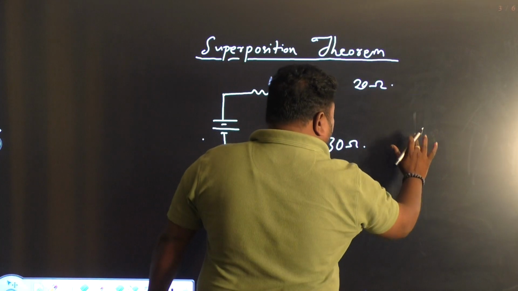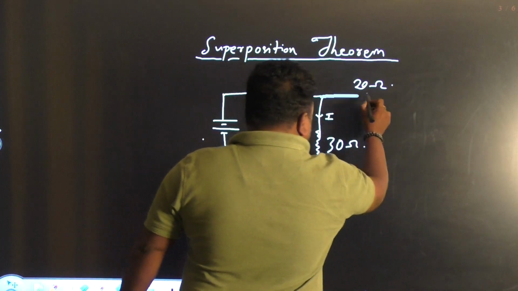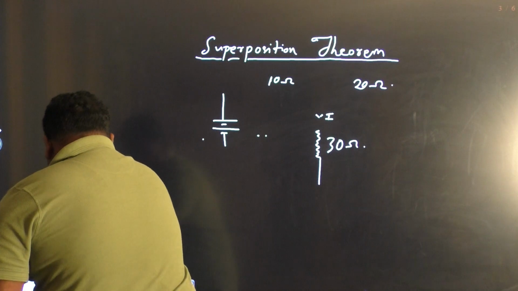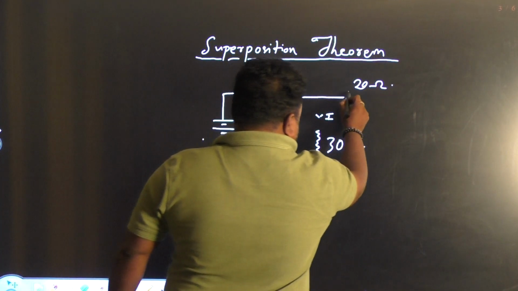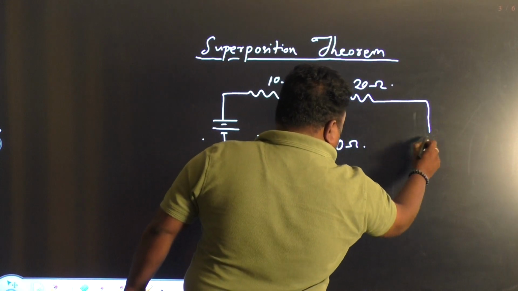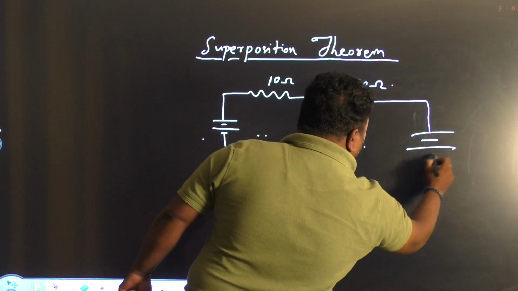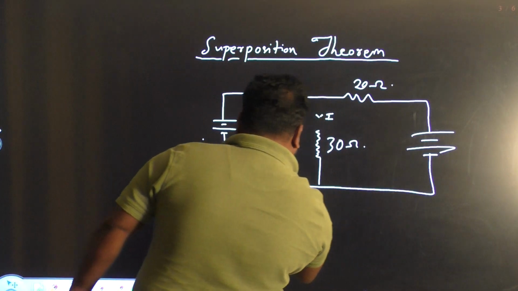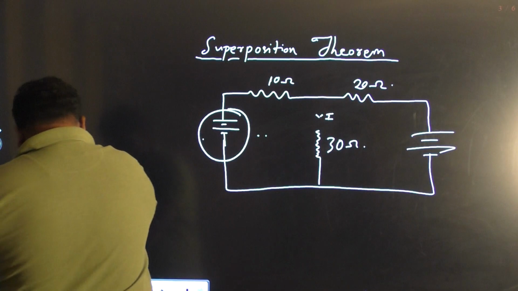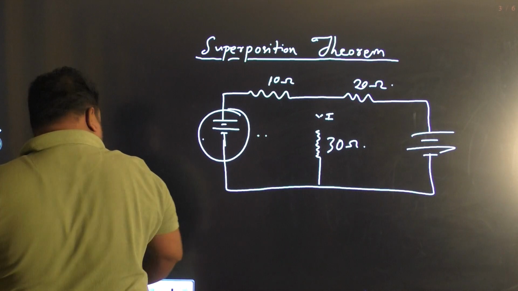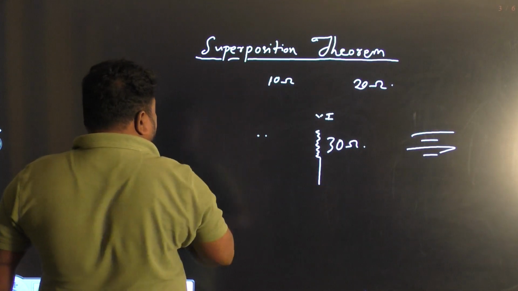Right now I am going to consider 20 volt and I am going to eliminate this 50 volt source. This is the source volt.